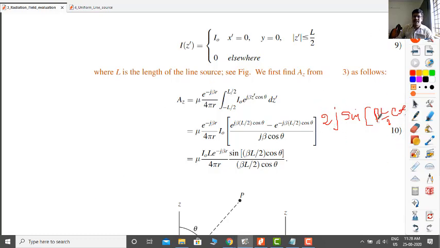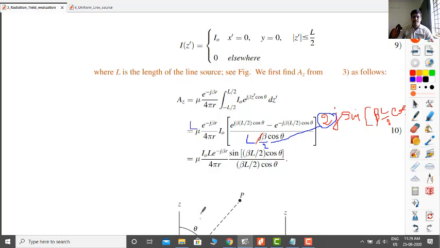And here the j in the numerator will be cancelled, and we can bring this number 2 into the denominator as 1 by 2. So here it will be beta by 2. Now we multiply L up and down.